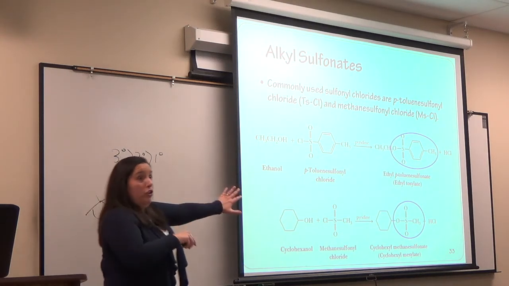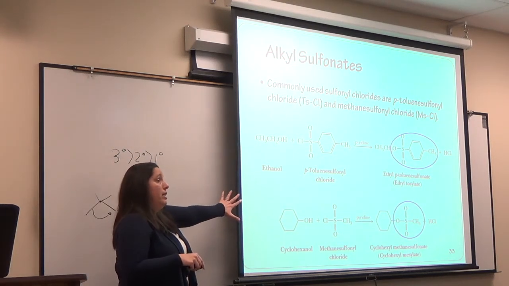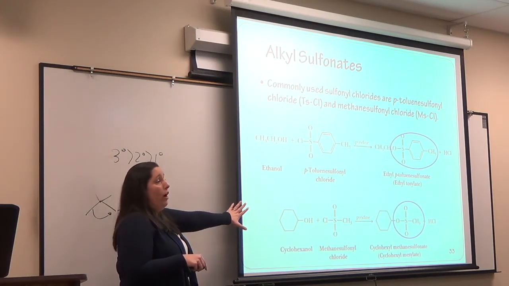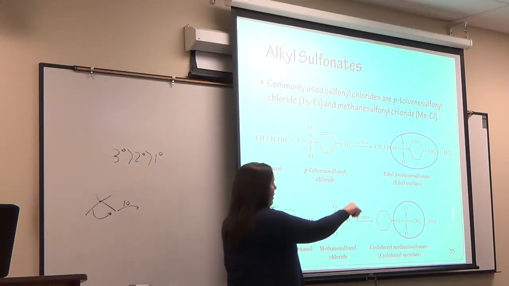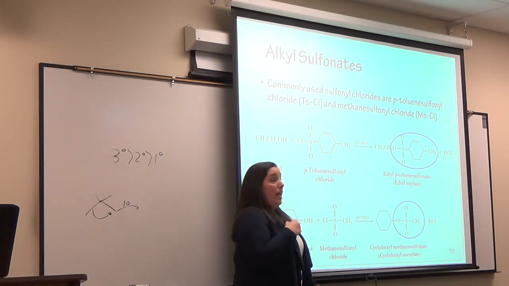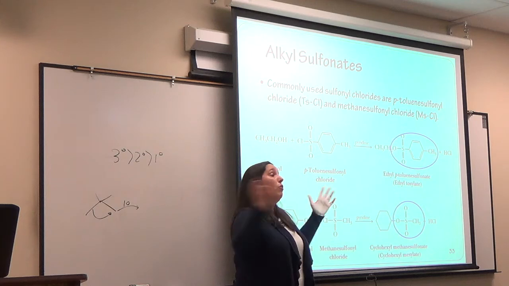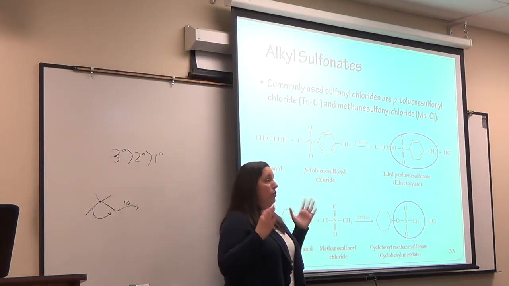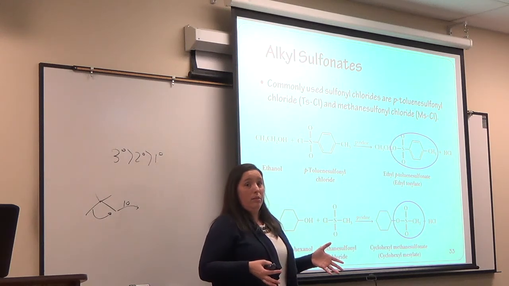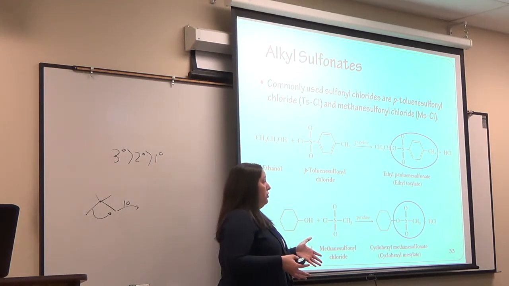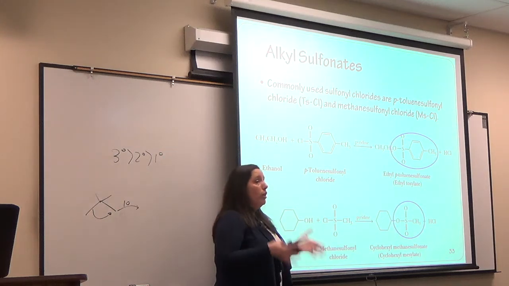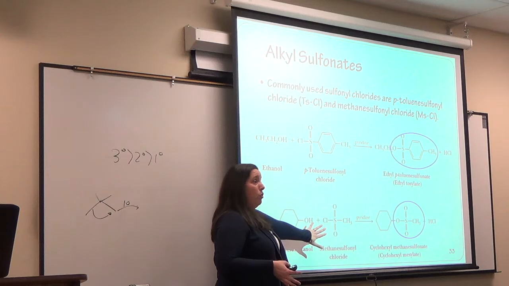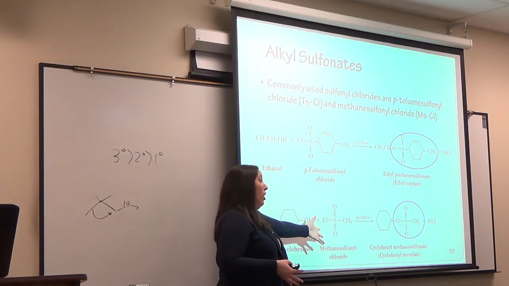The good thing about this particular combination, the sulfonates, is that the nucleophile can be whatever you want. Once you have them as the sulfonate, you can do a variety of different reactions. It's not just chloride. Thionyl chloride will only give you the chloride as a product. The PBr3 is only going to give you the bromide. Does that make sense? This you can couple with whatever nucleophile you want.